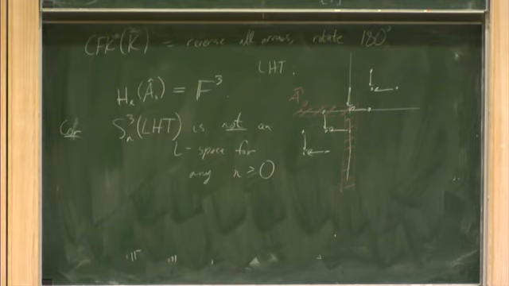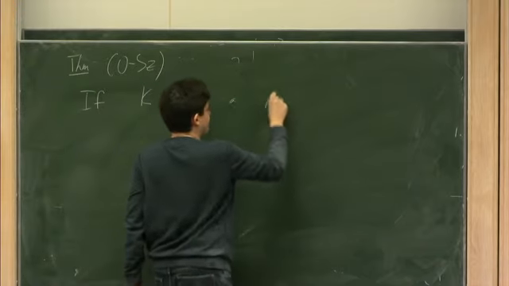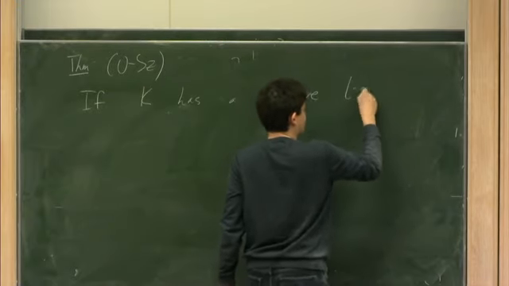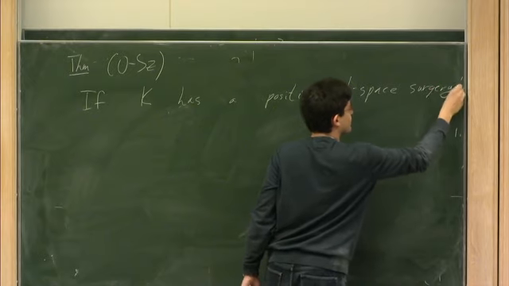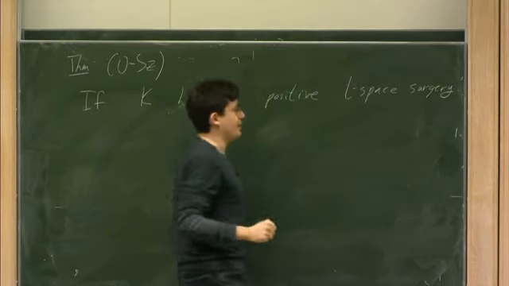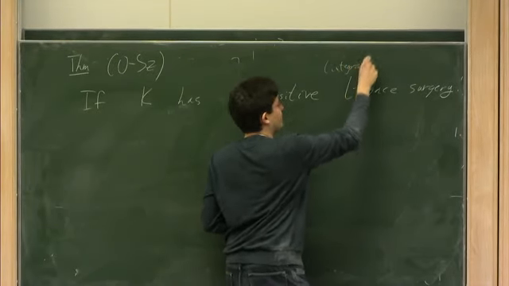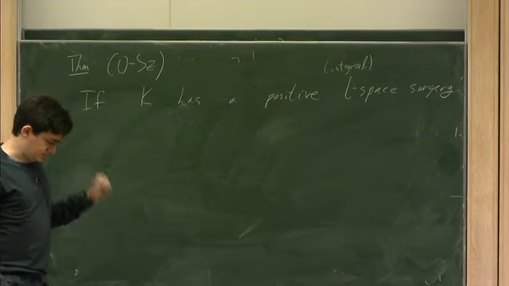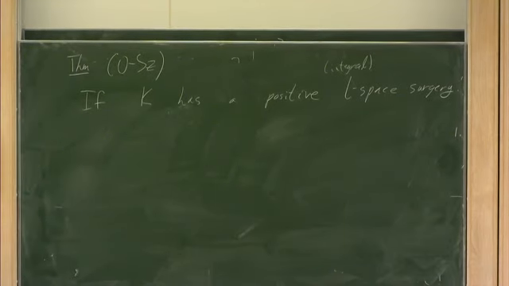The theorem of Lorentz-Savo is that if K has a positive L-space surgery, and for now I'm just going to say integral, although if it has rational surgeries, we'll be able to extend this to rational surgeries in a moment.